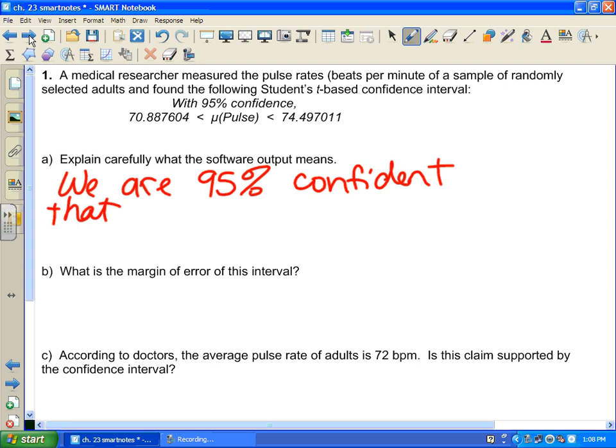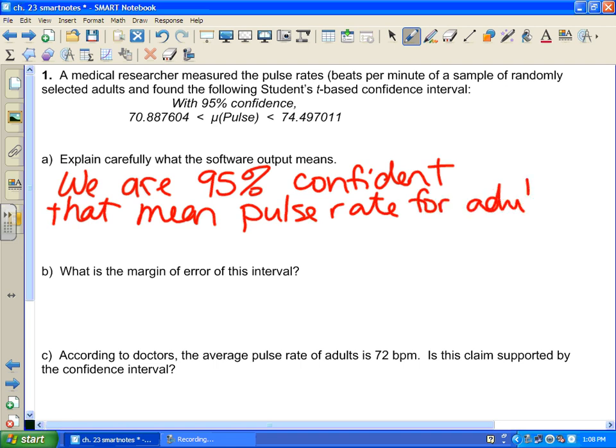Yes, and it's really important that you use the word mean, because we're estimating the population mean. So we are 95% confident that the mean, the average pulse rate for adults, is between, and then you just tell what it is.